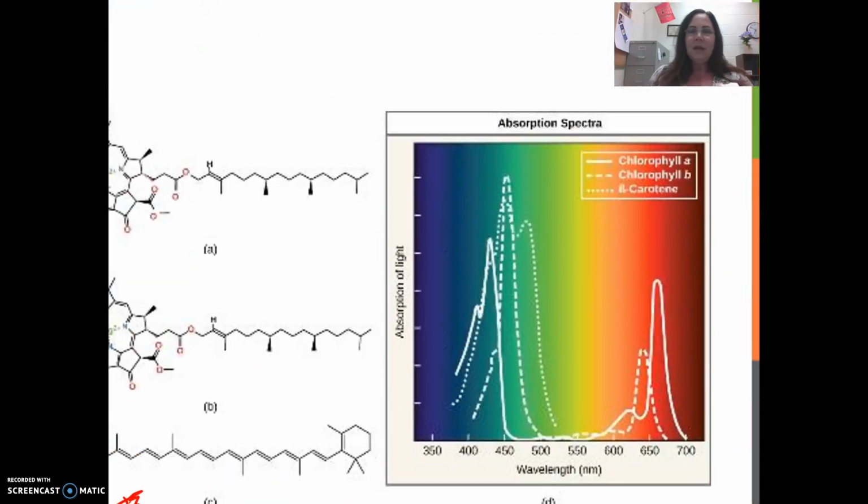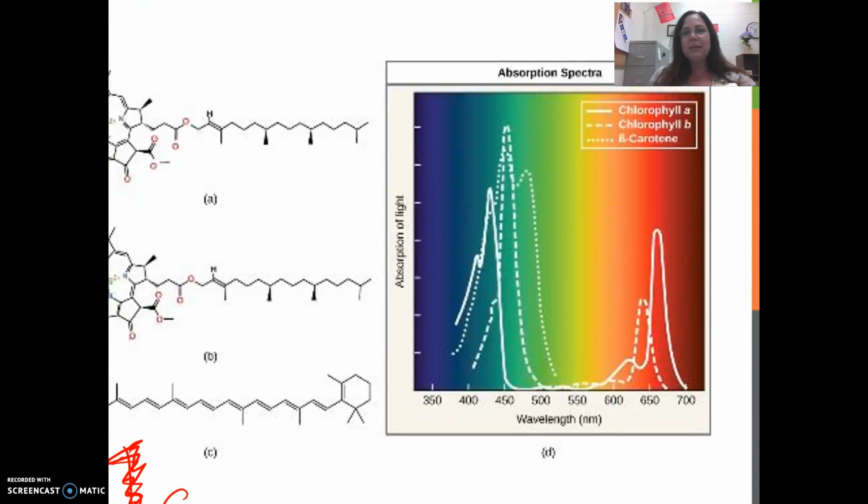All else fails. Okay, so I wanted to blow up the absorption spectrum. Chlorophyll A is like a regular Kelly green, and chlorophyll B is more of an olive green.